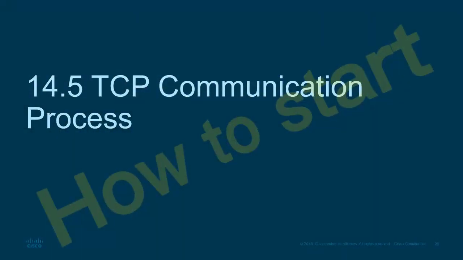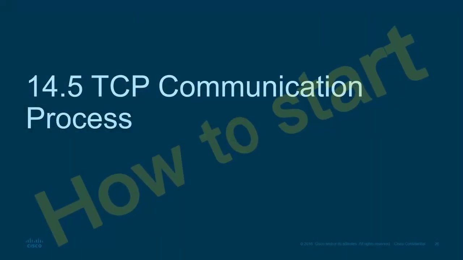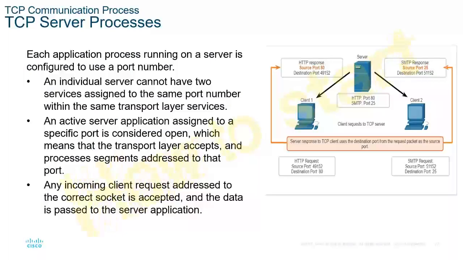So how does TCP communication actually work? Well, first of all, an individual server cannot have 2 services assigned to the same port number. While a server can host multiple services, each service will listen on its dedicated port number.